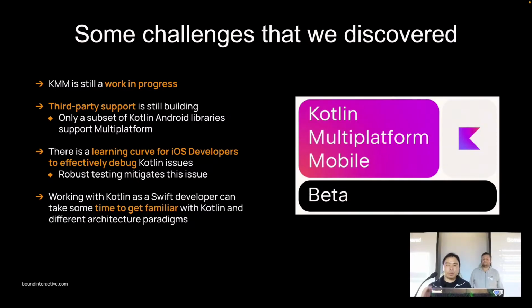What was a little bit more of a hurdle was the architecture differences. Kotlin developers like to do things in a certain way that kind of grates with the way we've been used to doing things in Swift. Trying to bridge between those two architectures was actually more of a hurdle than the syntax differences.